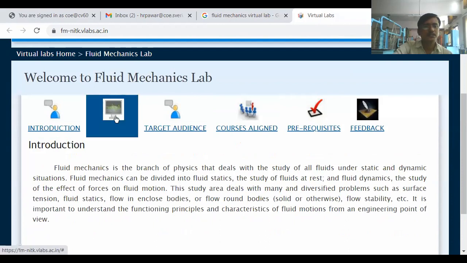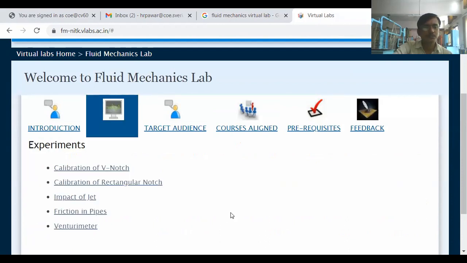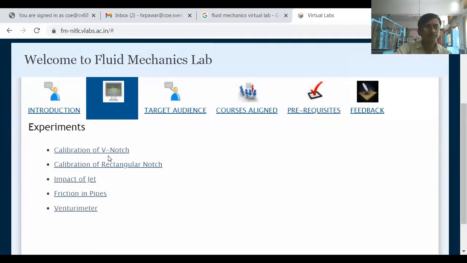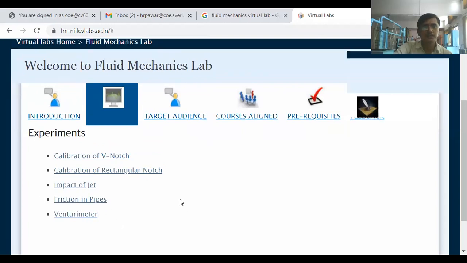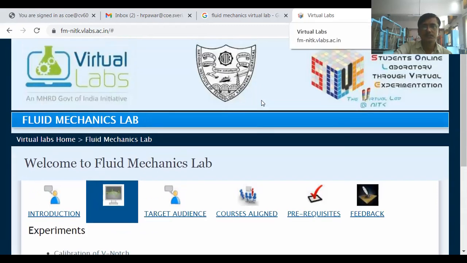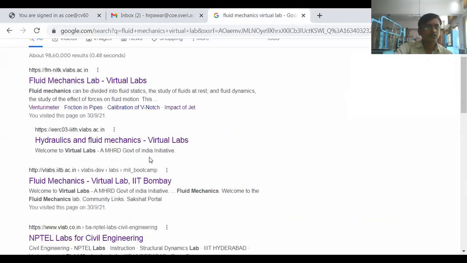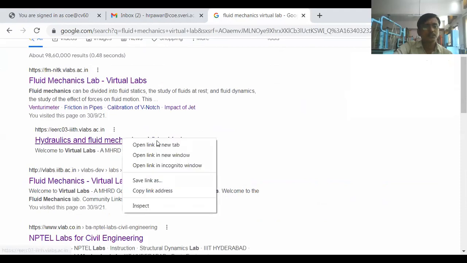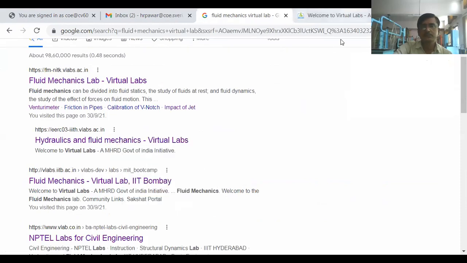In the experiment tab, you can see a number of experiments given here: calibration of V notch, calibration of rectangular notch, impact of jet, friction in the pipes, venturi meter. So our Bernoulli's theorem practical is not in this particular website. So let us open another, second website.